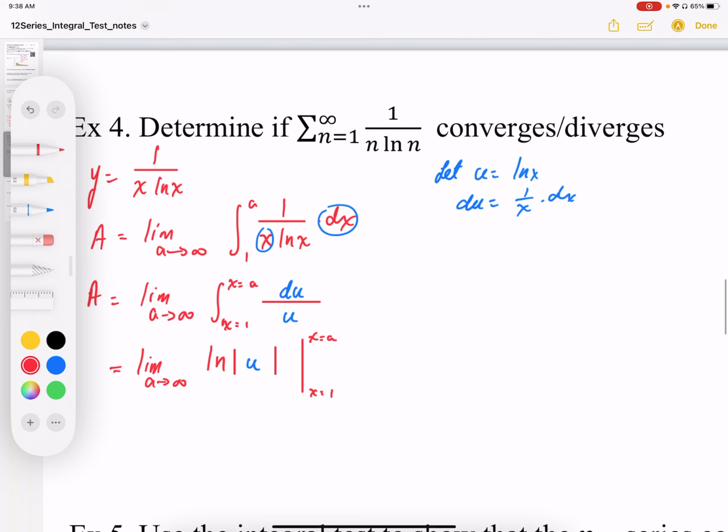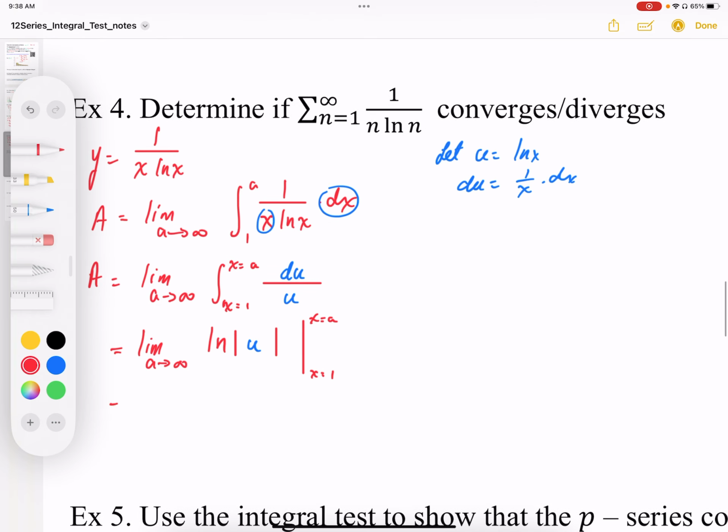Then we're going to substitute log x back in for the u. So we end up with log of log x, and again, keeping our bounds.